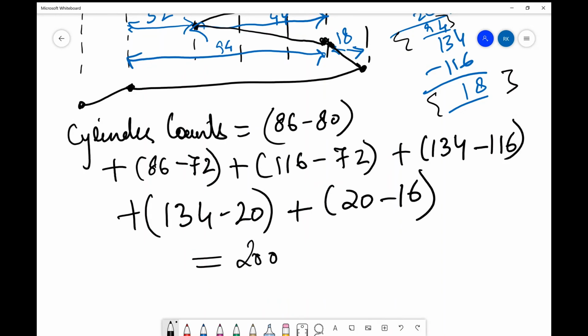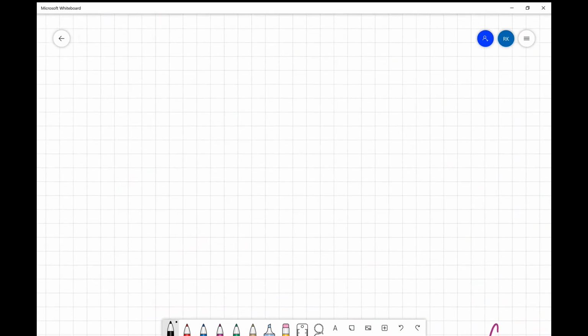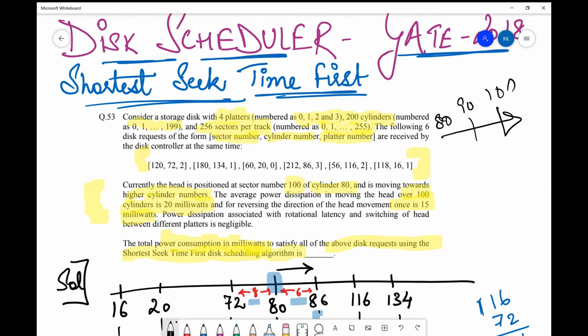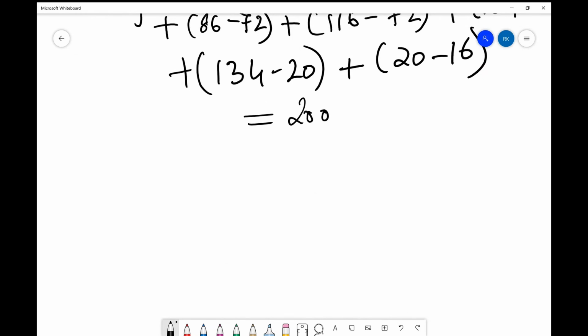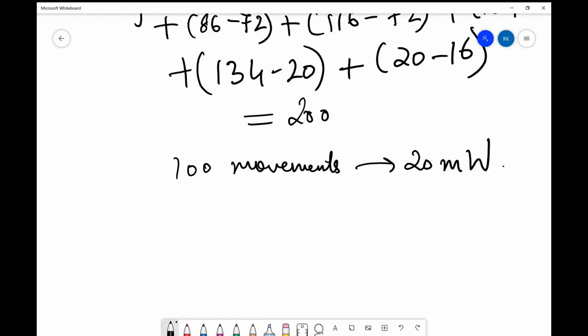Then the question will check what is the power dissipation logic that they've given. So they've said that for 100 head movements, you have 20 milliwatts of power dissipation. So therefore for 200 it will be what?